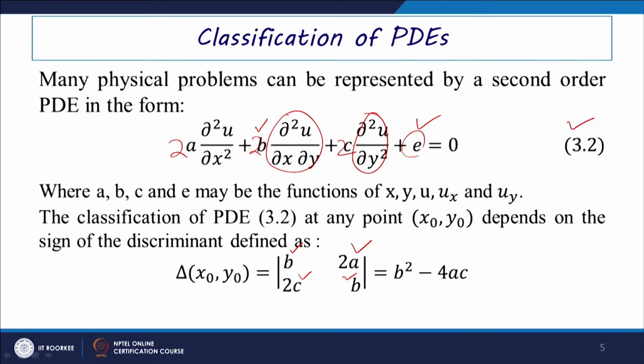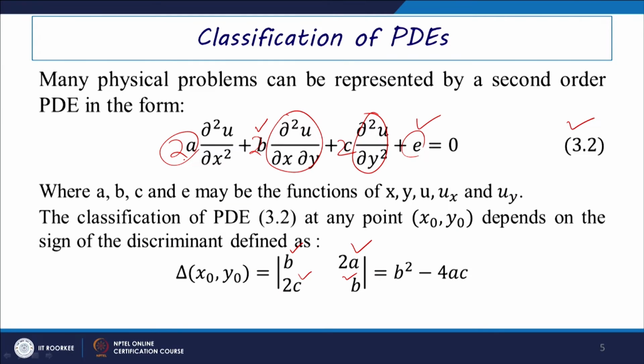There, b always involves the coefficient 2. So in a generalized sense, if we express the partial differential equation as 2a, 2b, 2c here, then we can see that coefficient b can be taken out in that form, but the remaining coefficients for u with respect to x and u with respect to y are 2a and 2c here.